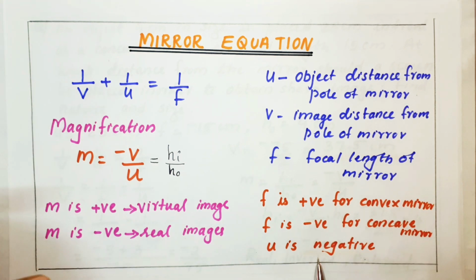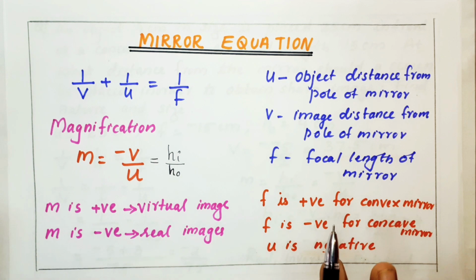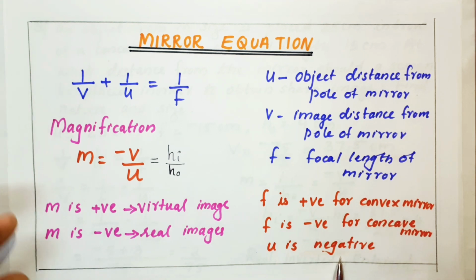These two conventions you remember: what is the sign of F and what is the sign of U. And the main thing for a numerical, if the data is given, you can use the sign convention. If the data is unknown, you can't use the sign convention. So F is positive for convex, F is negative for concave, U is negative.